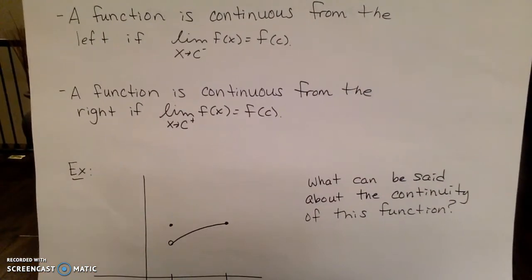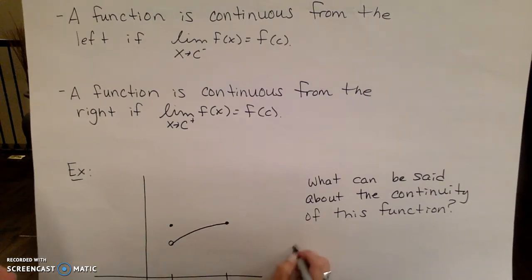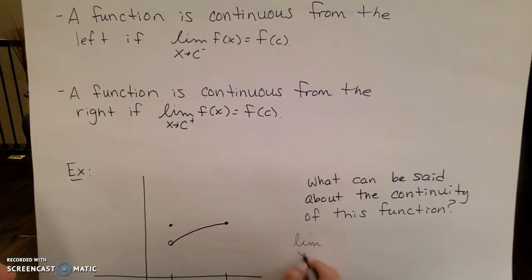A function is continuous from the left if, as x approaches c from the left, f of x is equal to f of c. So if we're talking about this particular one, we would need to look at the limit as x approaches b from the right.